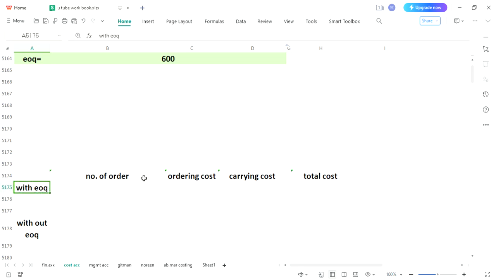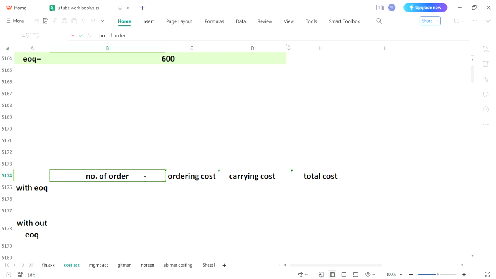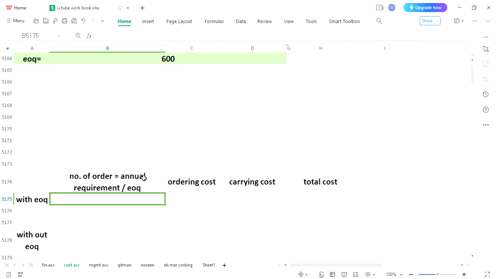Number of orders, how do you calculate? It has a formula. We do know annual requirement would be taken from the question, and we have already calculated economic order quantity. You will divide it and will get your number of orders.